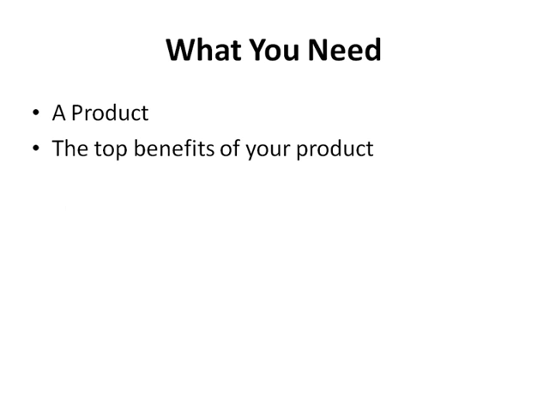So here's what you need. You need a product. You need to know the top benefits of your product. In other words, what are the top reasons why somebody wants to buy your product, your software, your video course, your report, your webinar, your coaching course, and so forth. For reports, you're going to need a software called Qt PDF.